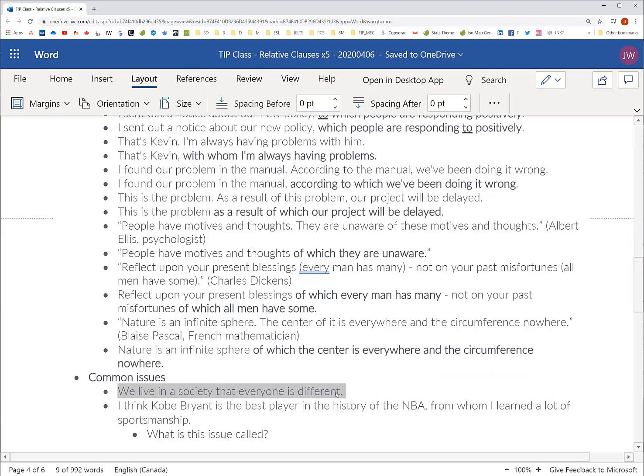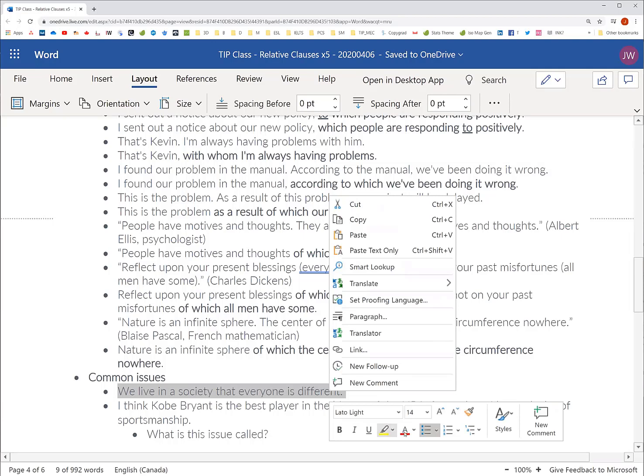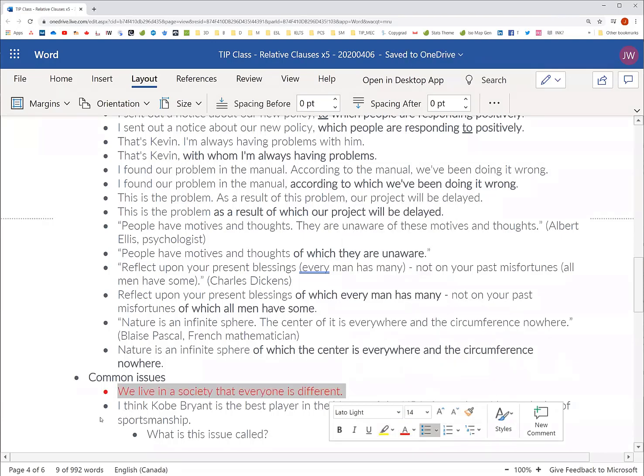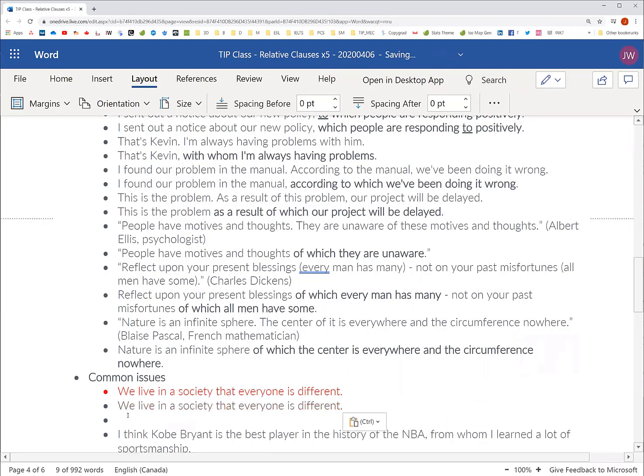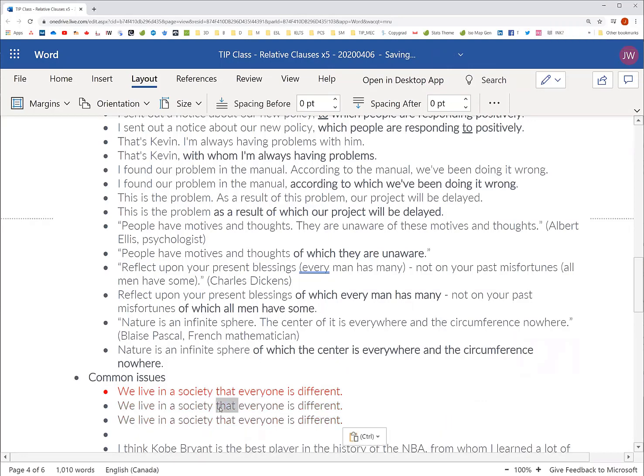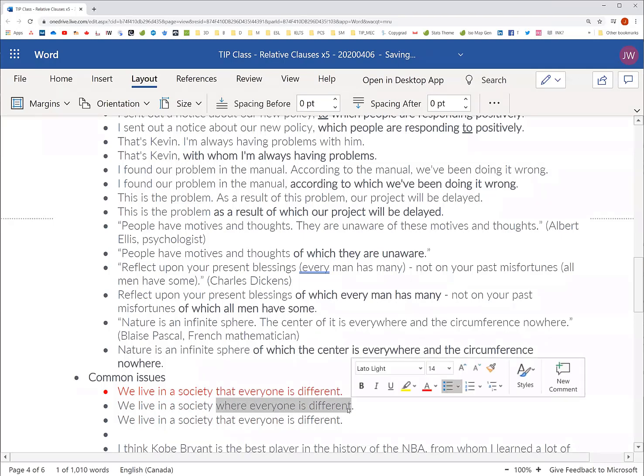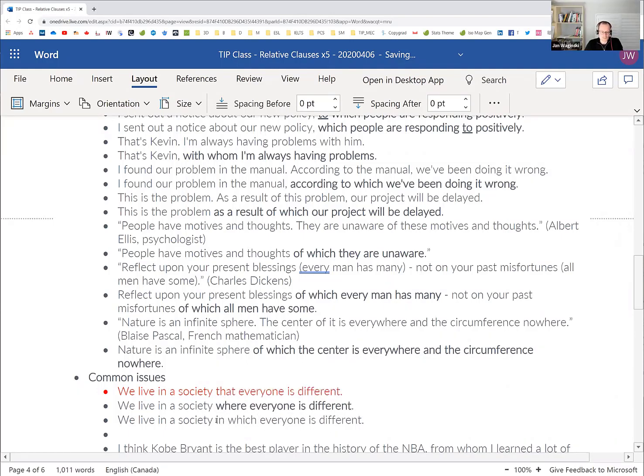Your society where? Yep, that's one solution. What's a synonym for where? Which? Where in which? That's it. In which is a synonym for where. Very nice.